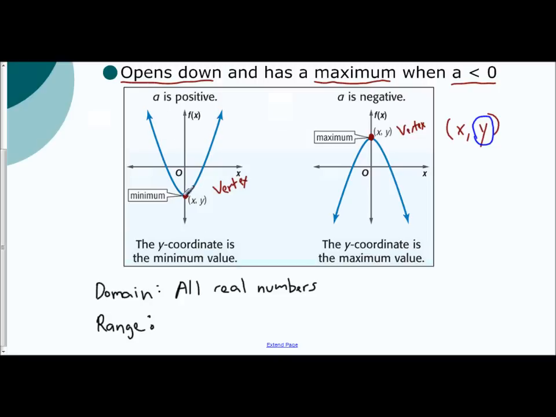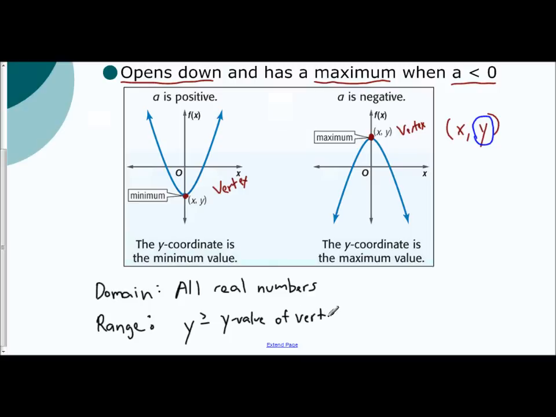However, it stops at that lowest point. And so your y values are that lowest point and up. And so when a is positive, your y is going to be greater than or equal to the y value of the vertex.